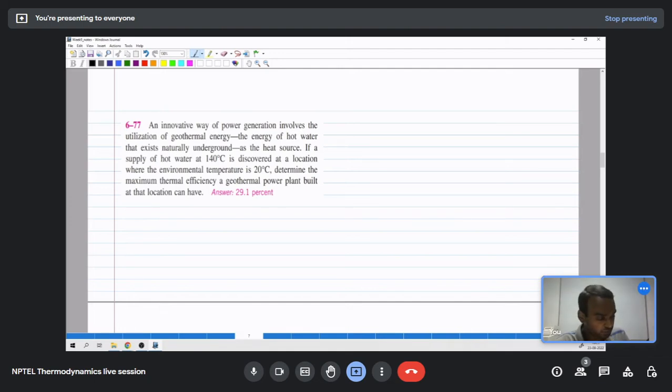So we have a high temperature reservoir at 140 degrees Celsius, and we are supposed to run a heat engine to generate power from this high temperature source, and the sink is the atmosphere, which is 20 degrees Celsius.